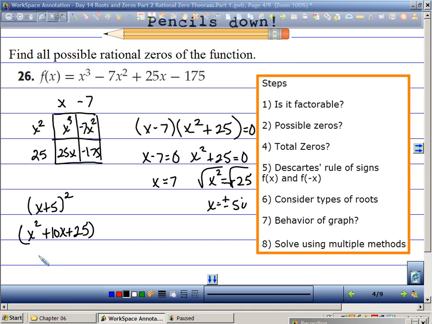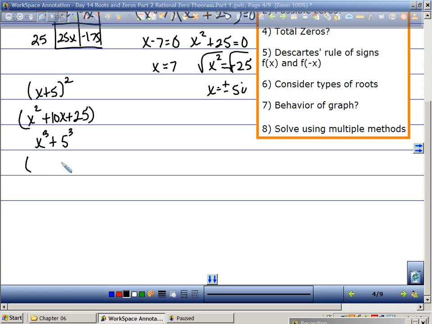Now if it was the sum of 2 cubes, it would look like this: x and 5, and x squared and 25 and 5x. Oops, that would be negative. Do you see the comparison of the two that I just did?